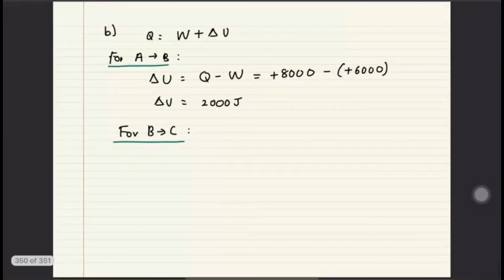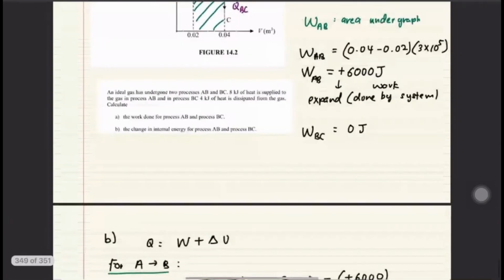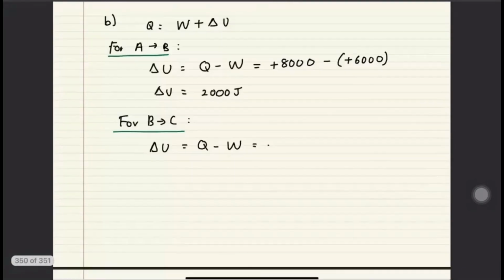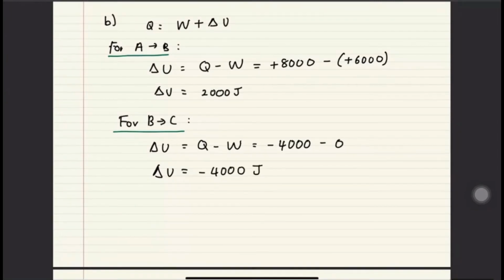For BC, you will have the same formula, Q minus work. But your Q now is negative, right? Negative 4K. So negative 4,000 minus 0. So ΔU equals negative 4,000 joule. So the positive and negative here indicate increase or decrease in internal energy.